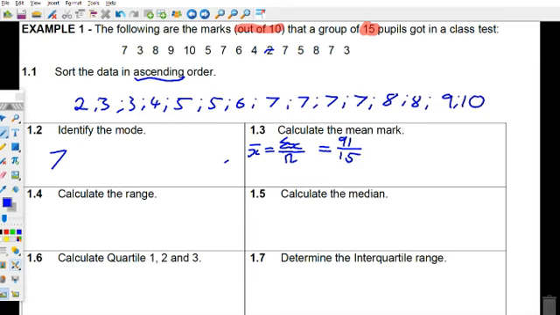I get 91, and then you divide that by 15, which gives 6.07. You got 84? Do you find where you went wrong? Maybe just check the numbers again.